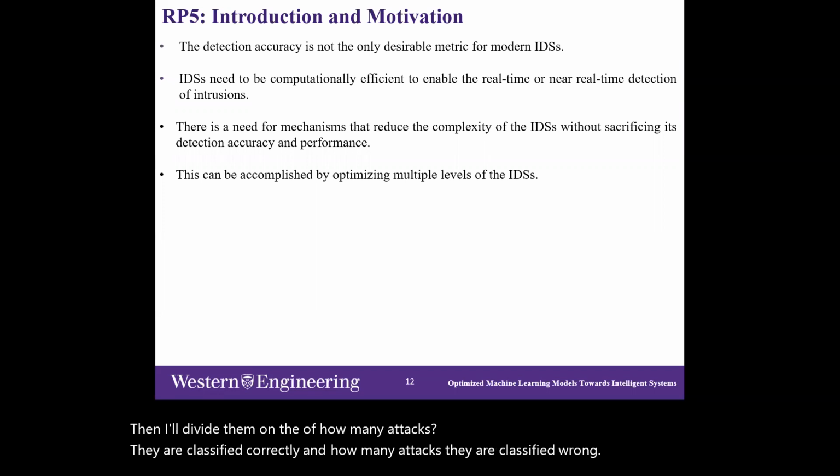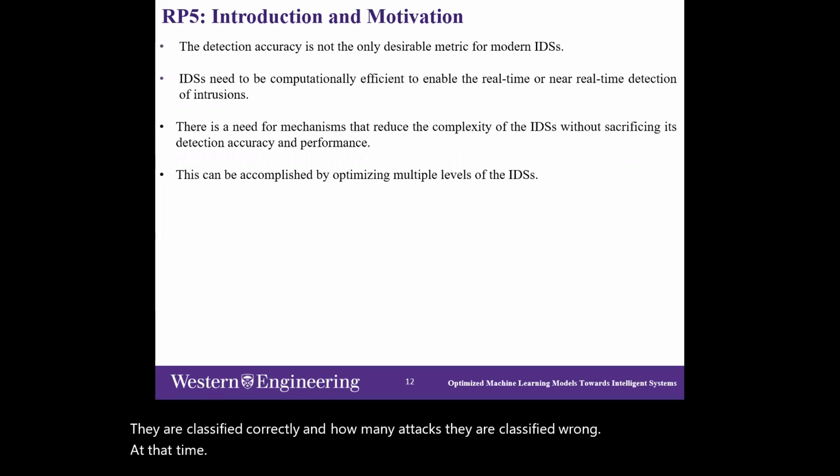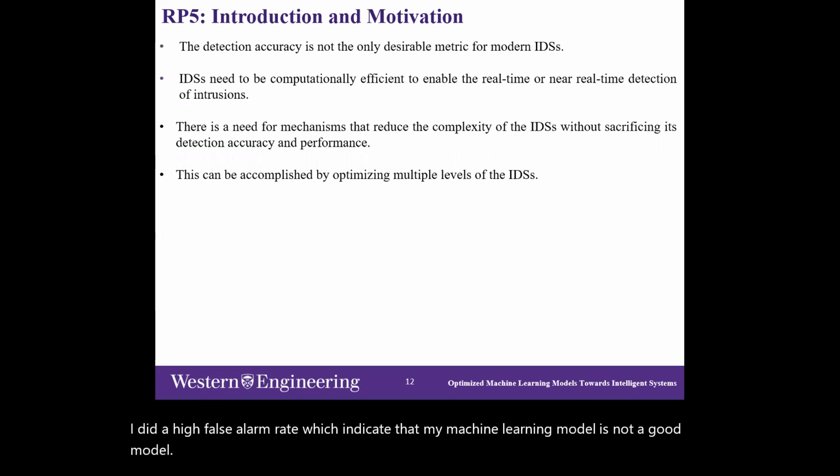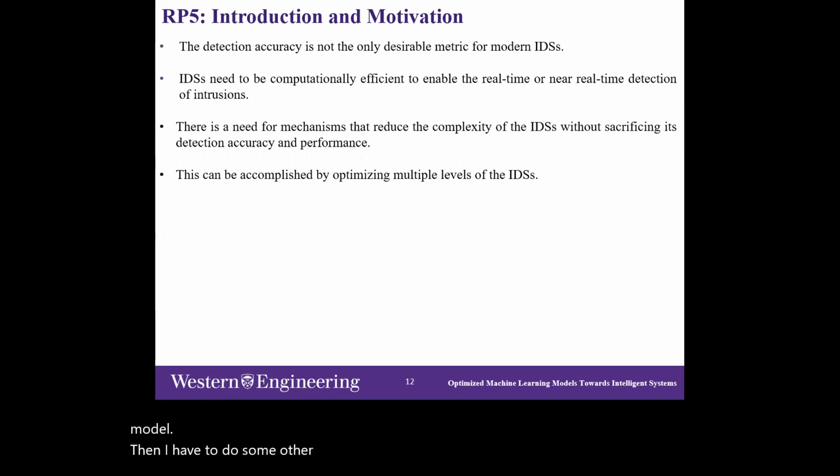At that time, I'll get a high false alarm rate, which indicates that my machine learning model is not a good model. Then I have to do some other work to get accurate results. Is that clear? When we said the accuracy is not enough.